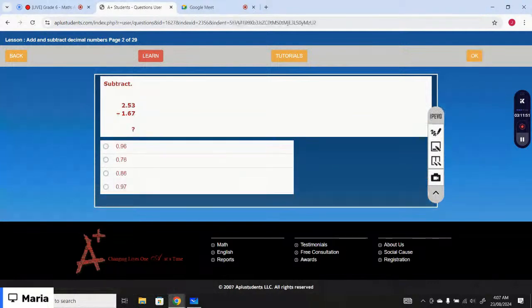Okay, the next one is 2.53 take away 1.67. Which is the correct option?